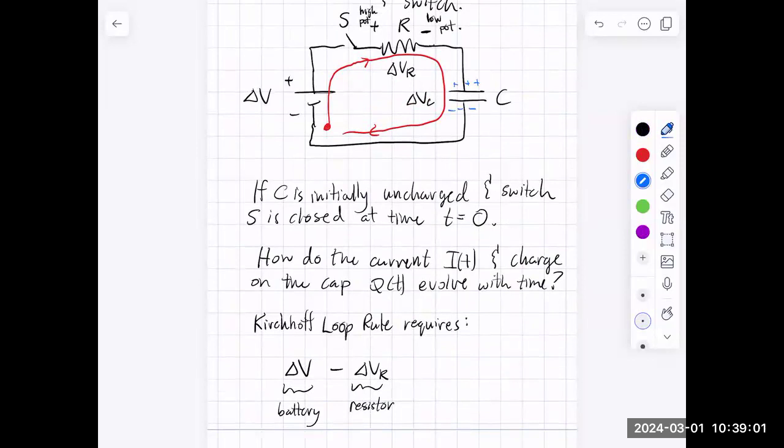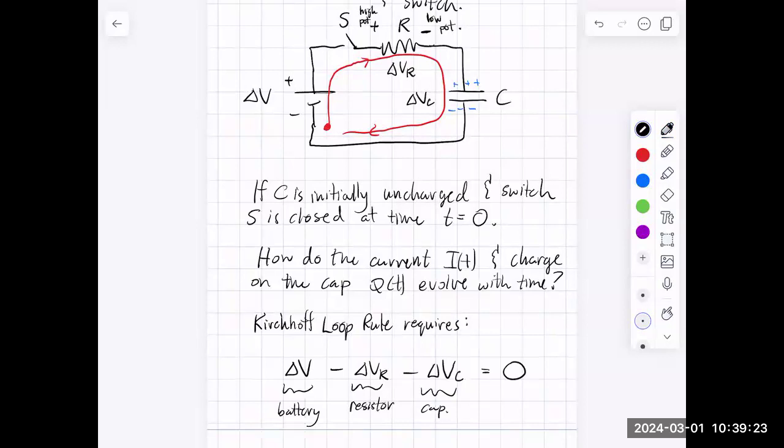And so again, when we cross the capacitor, we go from the positive high potential side to the negative low potential side. And so we're going to lose the voltage across the capacitor. And the loop rule says that those things have to sum up to be zero.